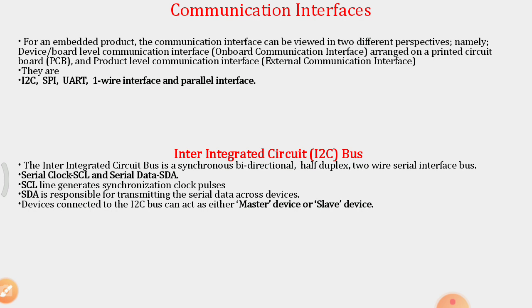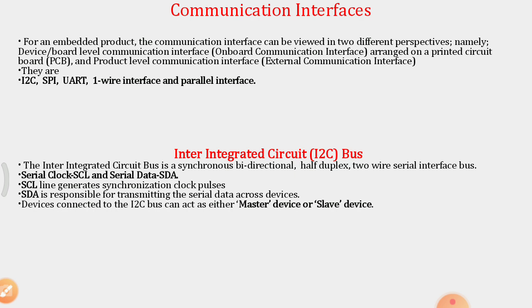For an embedded product, the communication interface can be viewed from two different perspectives: a device or board level communication interface, called the onboard communication interface, which is arranged on the PCB only, and a product level communication interface, that is, an external communication interface.